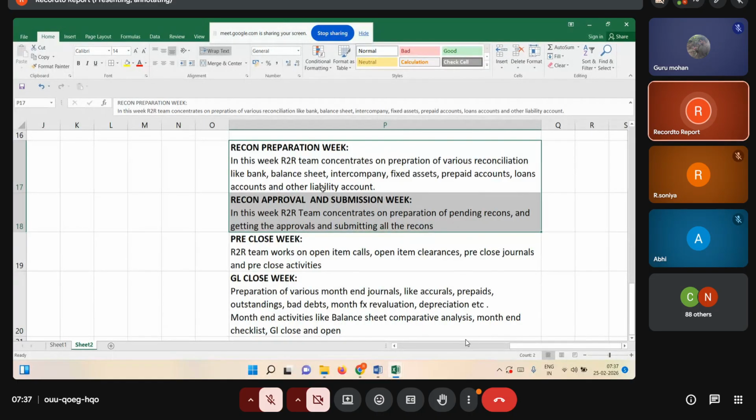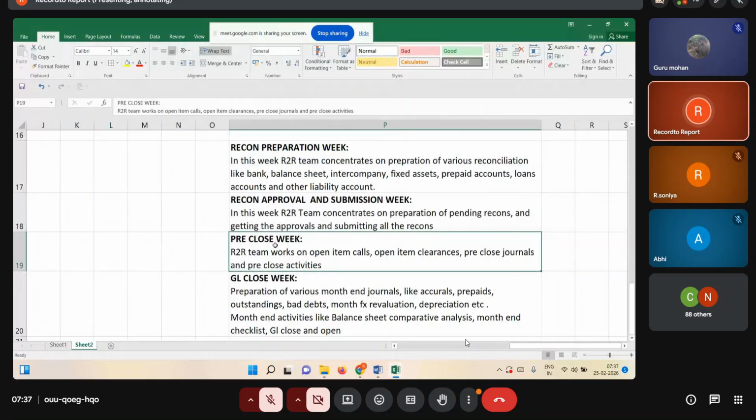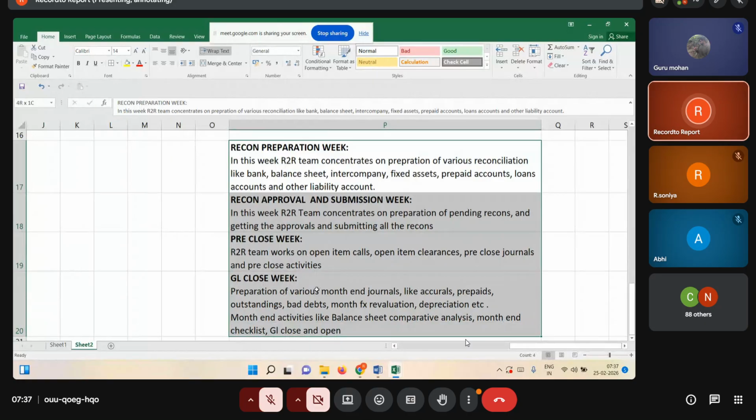Here the R2R team collects the financial data, analyzes the financial data, and delivers the efficient financial reports to the management.